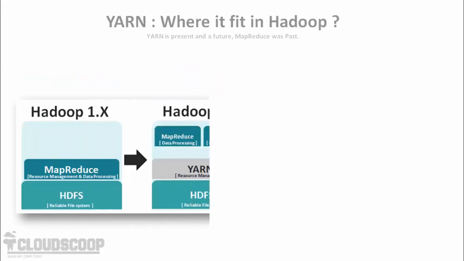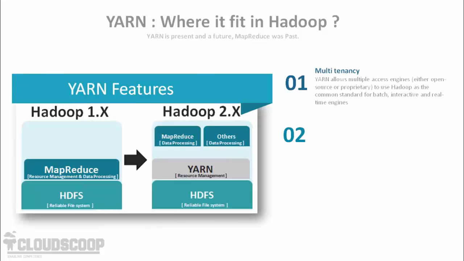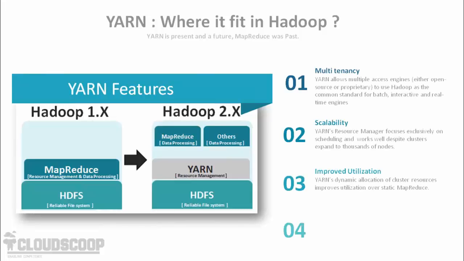YARN supports multi-tenancy. It means it can run multiple access engines like MapReduce and Graph on the same cluster. Scalability is also supported in YARN, and dynamic allocation of cluster resources has improved compared to Hadoop 1.x.